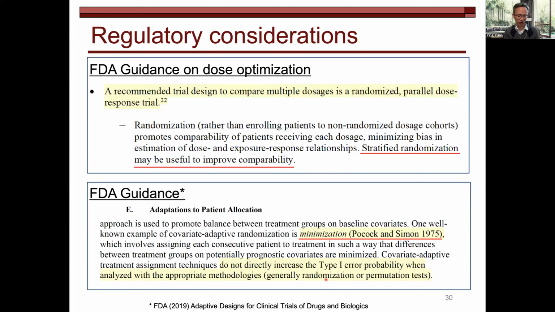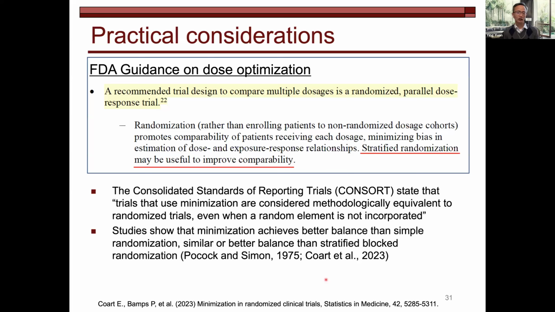We are not really trying to make a rigorously powered comparison after all, as noted in FDA guidance. You don't need rigorous power for the multi-dose comparison. You just need sufficient data to maximize unbiased comparison. Also, a lot of studies show minimization has very good performance compared with simple randomization, and can be similar or even better than stratified randomization.